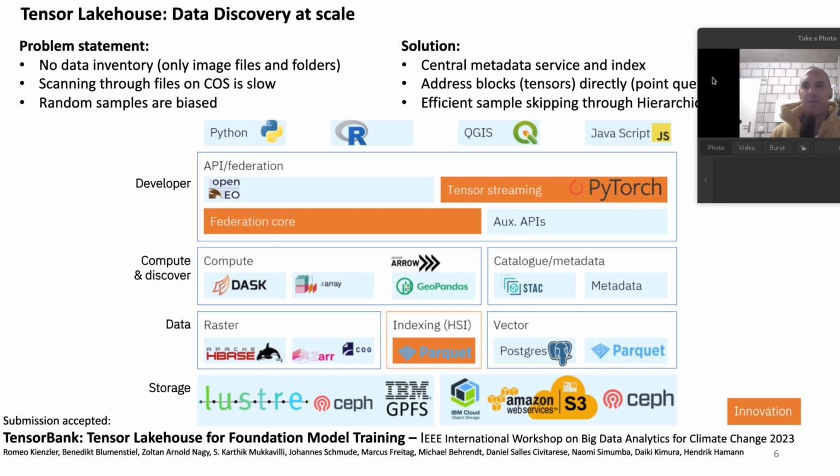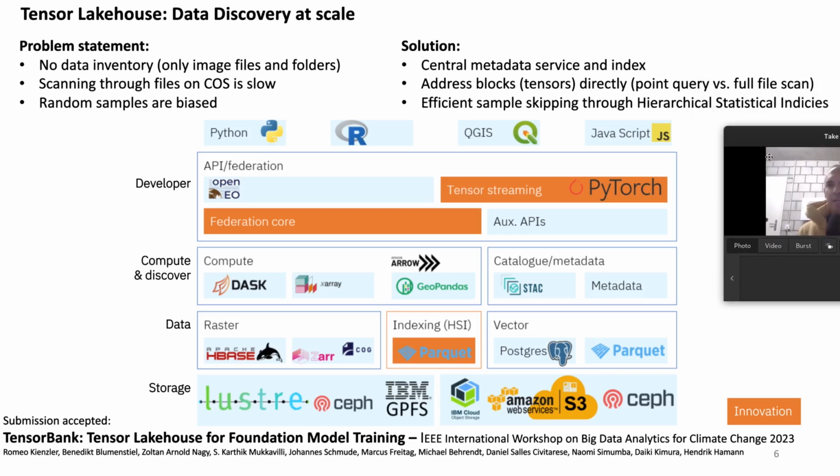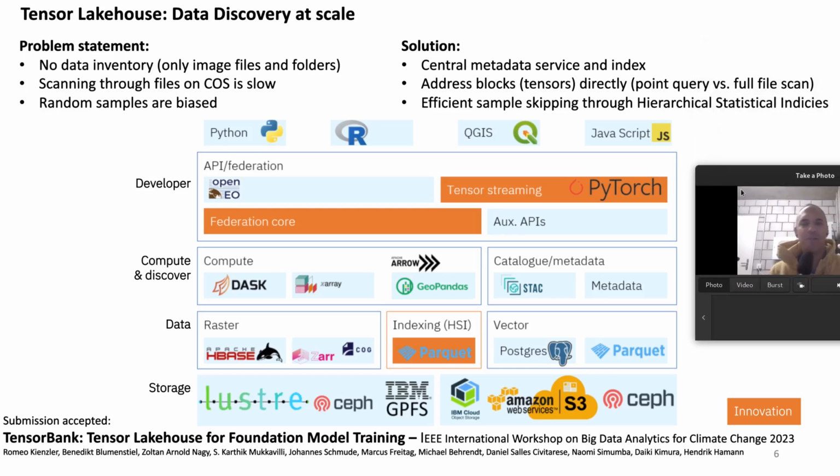And going to the data lake or Tensor Lake House, we have built on top of a lot of open source and some glue, something which is pretty unique, I would say. So we have support for different file systems. We have Ceph and Lustre and all those for local data centers, and also S3 and Ceph support for cloud data centers.